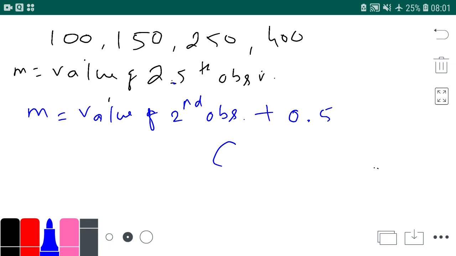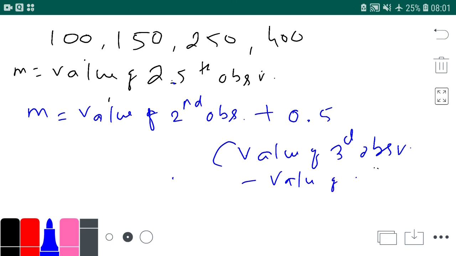So you will subtract the smaller from the bigger: value of third observation minus value of second observation. So this is your formula actually: value of second observation plus 0.5 into value of third minus value of second. This you have to remember, and it is very easy.